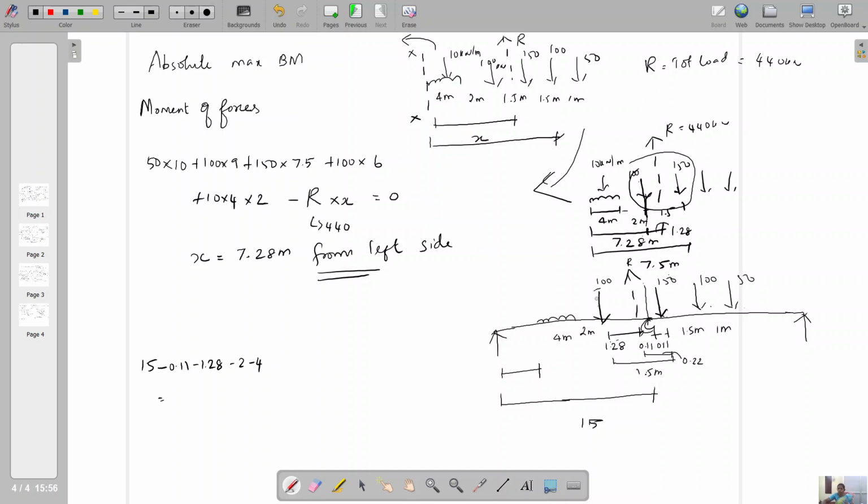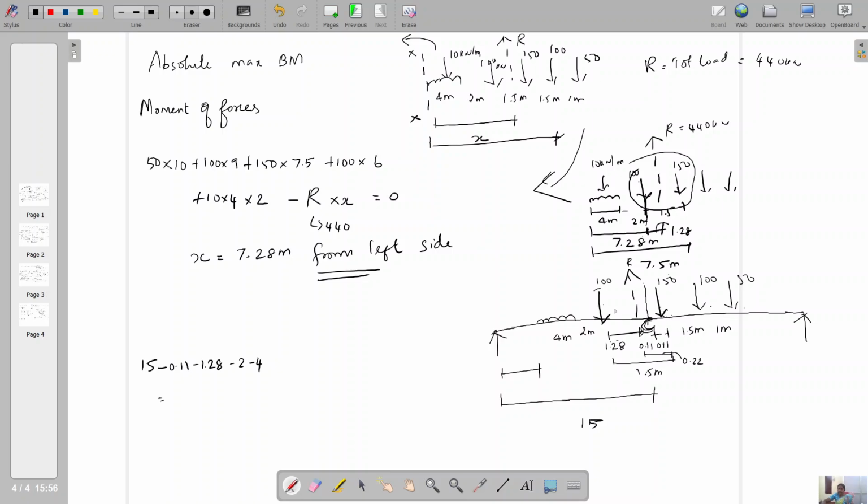From 150, minus 1.5, the 100 can also be placed. So if one load can be placed in the beam, all other loads can also be placed. The only thing is we have to mention all the distances. From the center, the critical load should be at 0.11, and mark all the loads and distances.